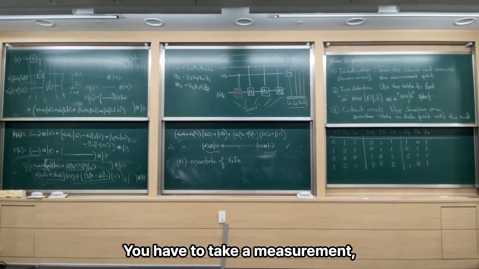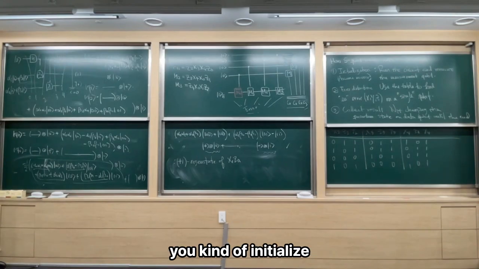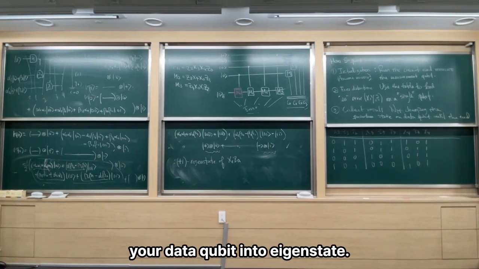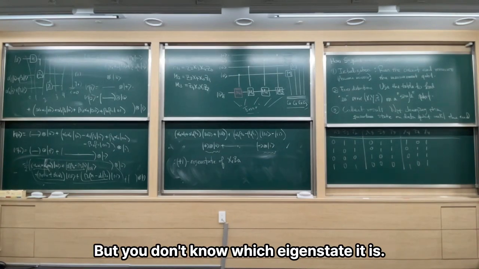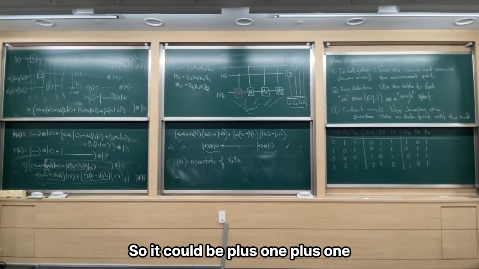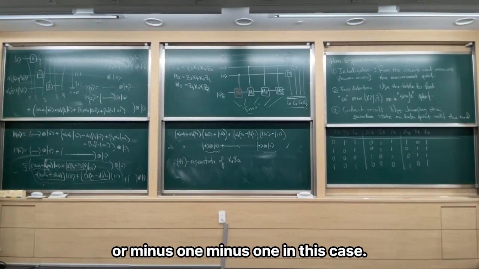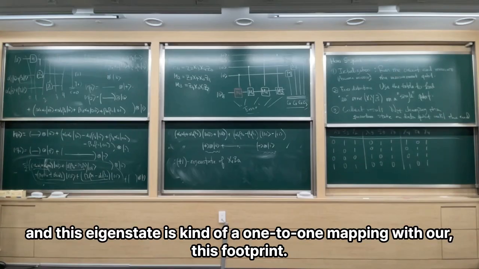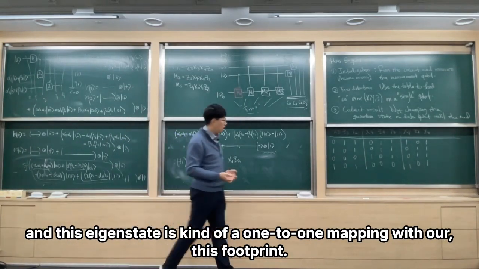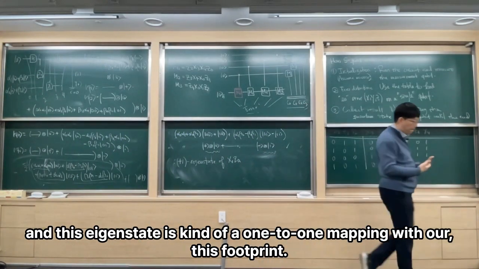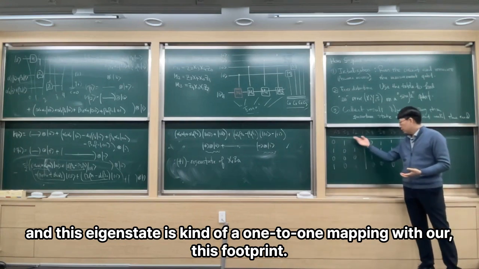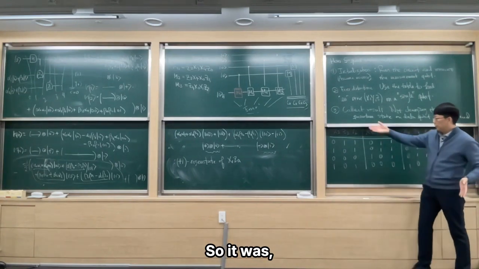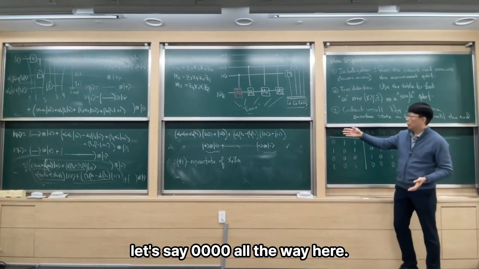You have to take a measurement, and then by the measurement, you initialize your data qubit into an eigenstate. But you don't know which eigenstate it is. So it could be plus 1, plus 1 or minus 1, minus 1 in this case. But the important fact is it's just an eigenstate. And this eigenstate is a one-to-one mapping with our footprint. So if it was, let's say, 0, 0, 0, 0 all the way here.